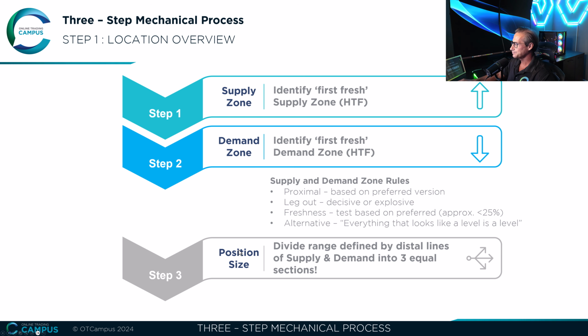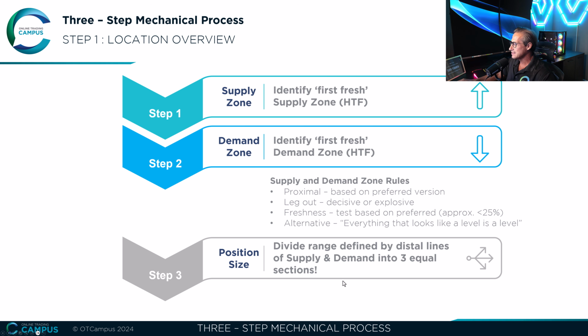All right. And then step 3 is basically position size, not position size in terms of placing an order, but we would divide a range defined by distal lines of supply and demand into 3 equal sections. What does it mean? I'll show you in a second.